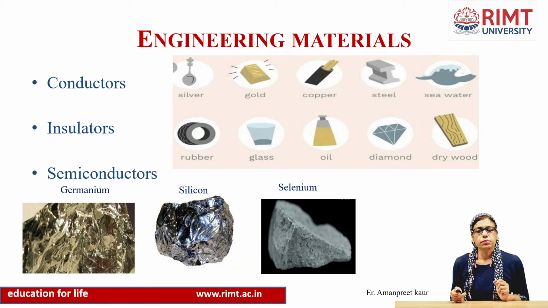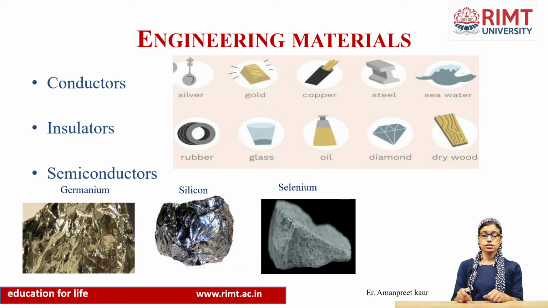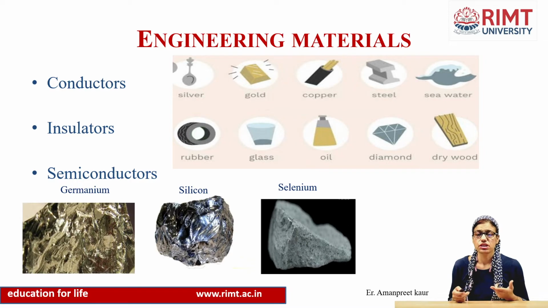Engineering materials, the solid materials, are subdivided into three parts: conductors, insulators and semiconductors. Conductors are good conductors of electricity; they can pass current. Examples are silver, gold, copper, steel and sea water in its impure form.